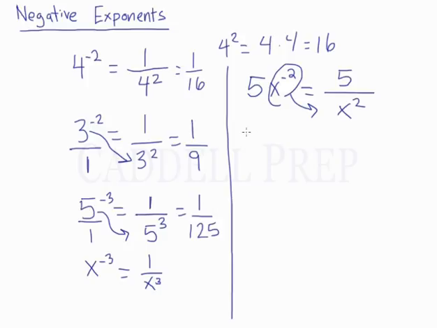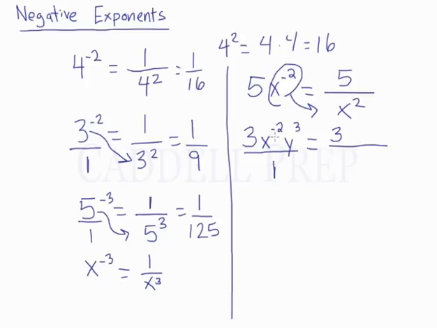So I got another one. 3x to the negative 2 y cubed. The 3 is okay. Remember, this is all over 1. The 3 is okay, so it stays in the numerator. X to the negative 2.